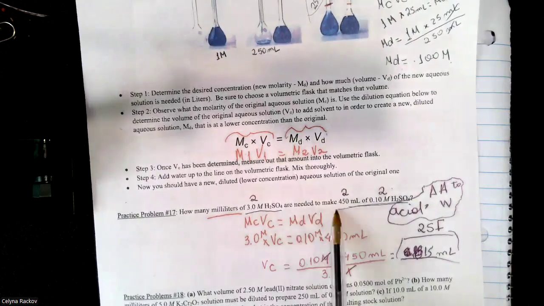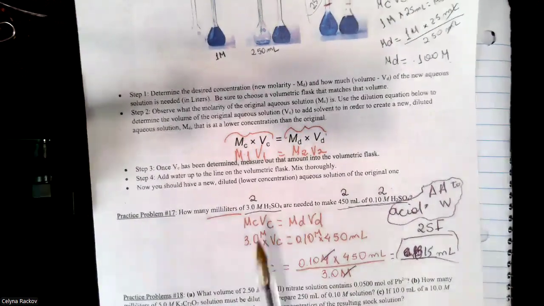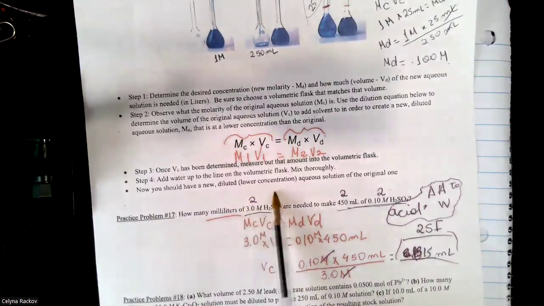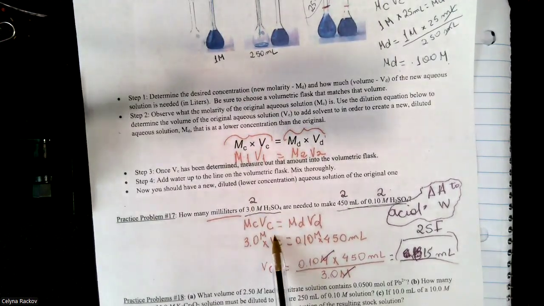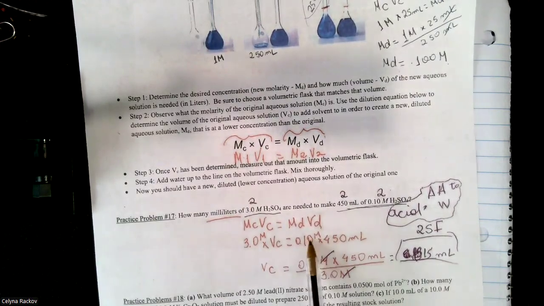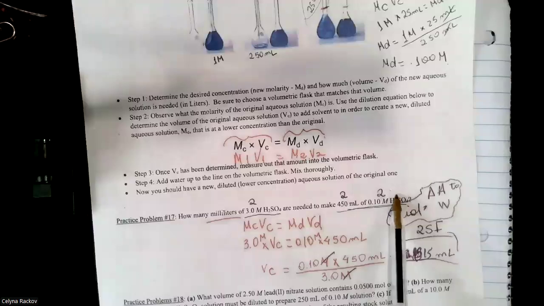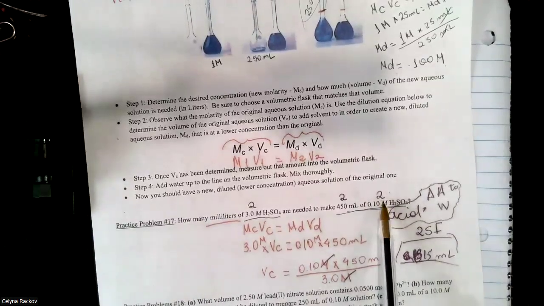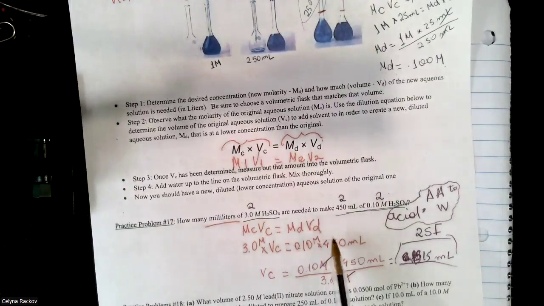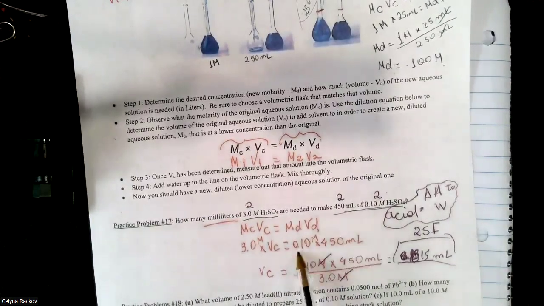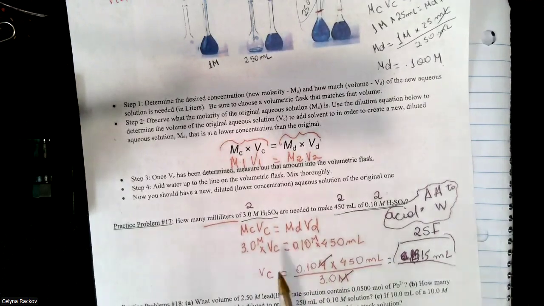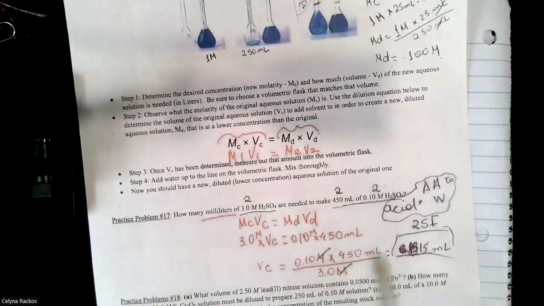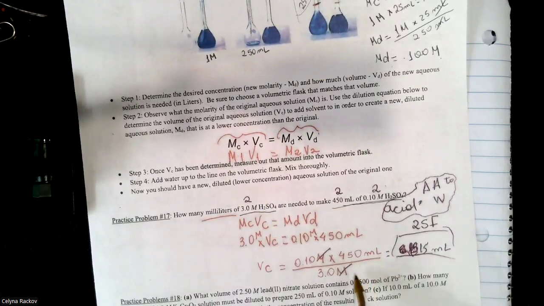MCVC equal MDVD. The question is asking how many milliliters we need to take from the concentrated solution. MC is 3 molar, the volume we don't know yet, MD is the molarity of the diluted solution, and the final volume is 450 milliliters. Multiply and divide by 3 after rearranging to calculate the volume VC.